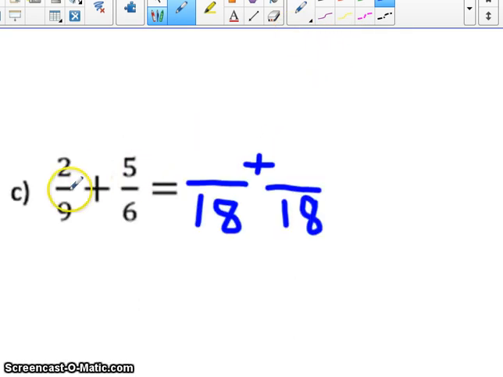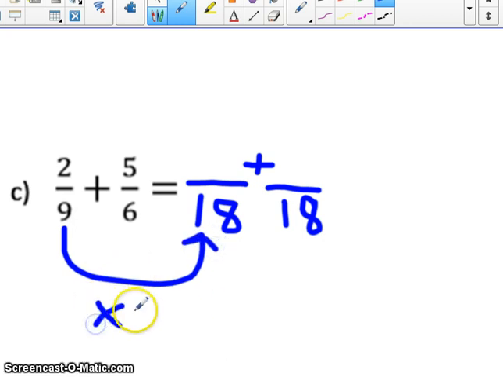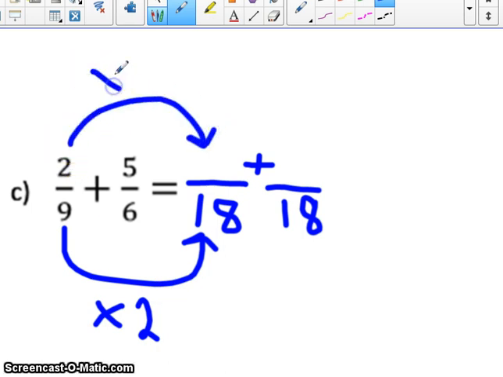So what do we need to do? We need to have 18 as our new common denominator for both fractions, the 2/9 and 5/6. So this 9 goes to 18, and that looks like a times 2 to me. Times 2, that means the top is times 2.